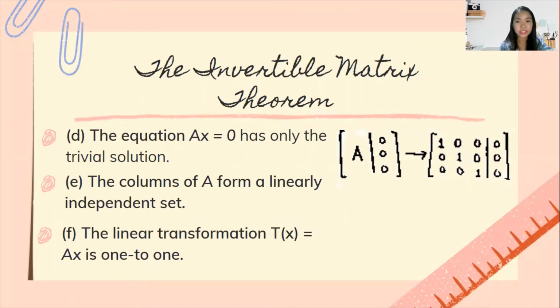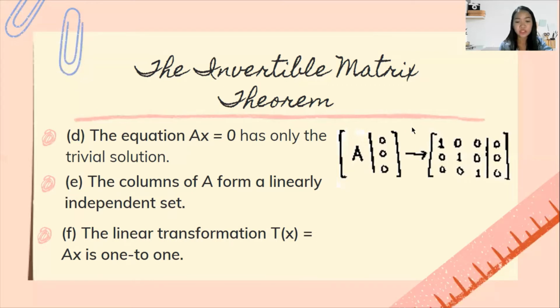Okay, so letter D. The equation AX equals 0 has only the trivial solution, because anytime you are able to row reduce A to the identity matrix. For instance, say A here is our matrix, and we have a column of zeros.